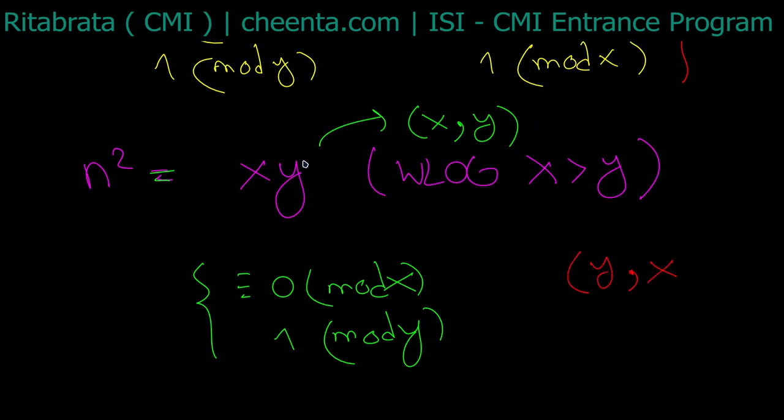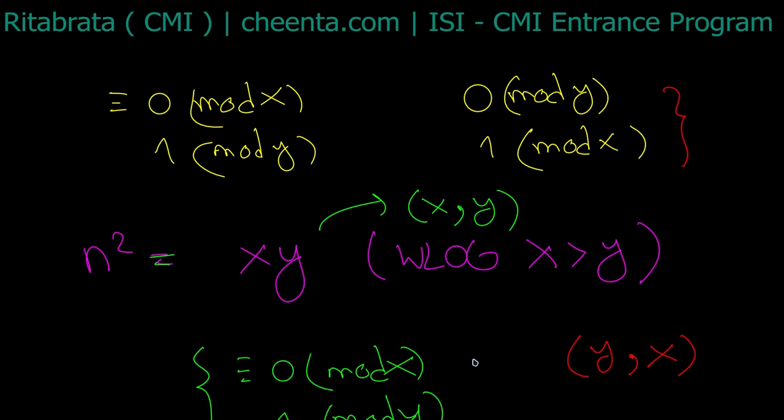So y, x and x, y are ordered pairs, and interchanging them is not safe, because for n square equal to xy, I have two solutions.